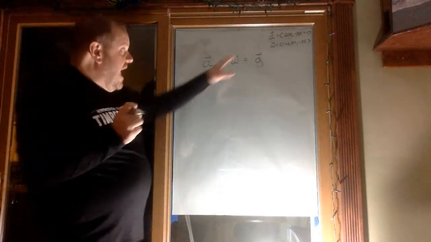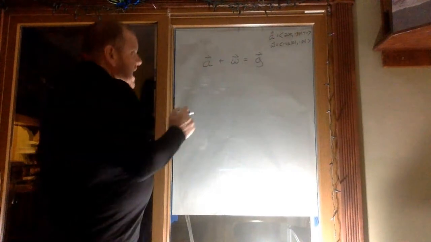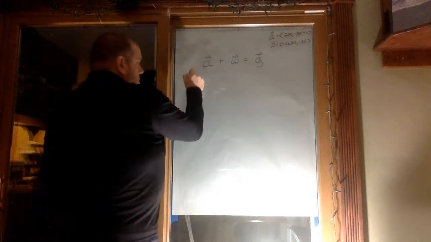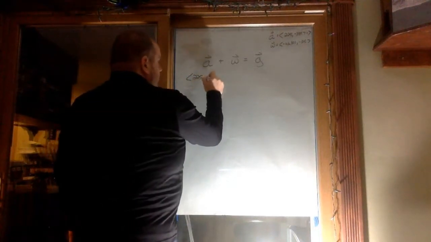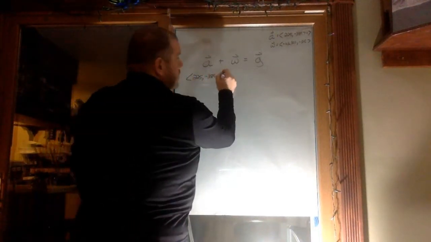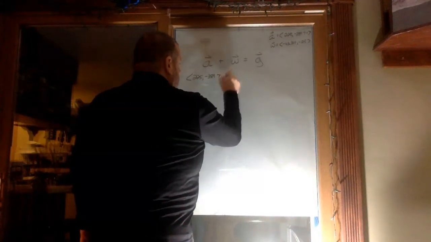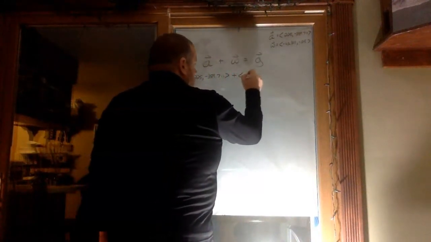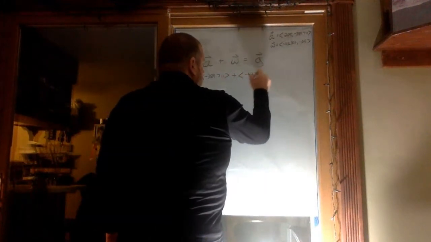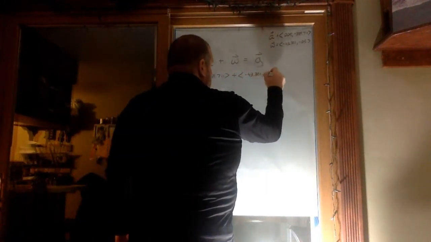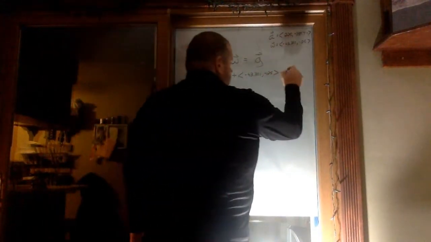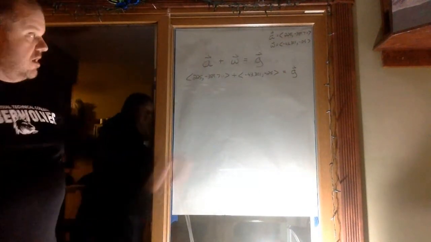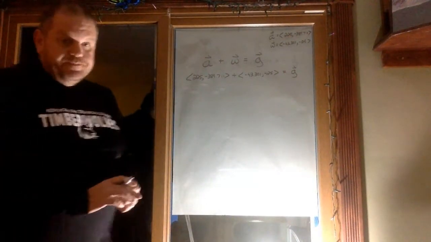My aim vector was 225, comma, negative 389.711. My wind vector was negative 43.301, comma, negative 25. Okay? And that's going to give me my true course and speed when I finally do that.